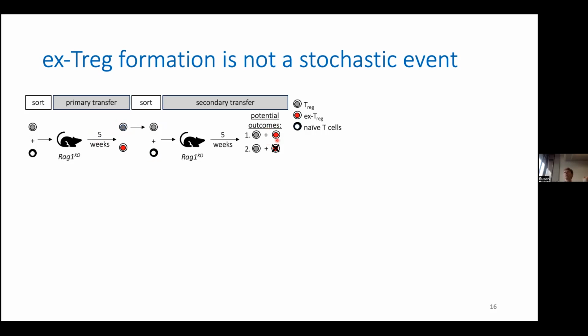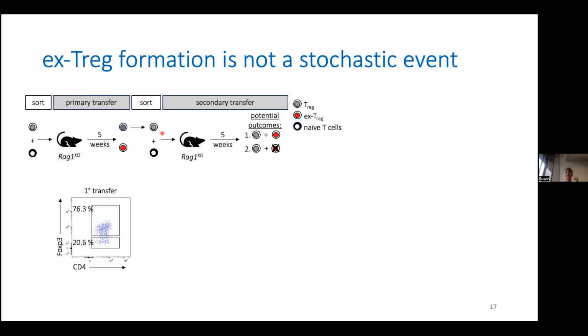In that case, I think it's fair to conclude that these Treg have not all been stable and that some of them will have lost FOXP3 expression, even though they survived the first primary transfer perfectly fine. Or we will not find X-Treg, and then this is a very stable population purged of the unstable subset.